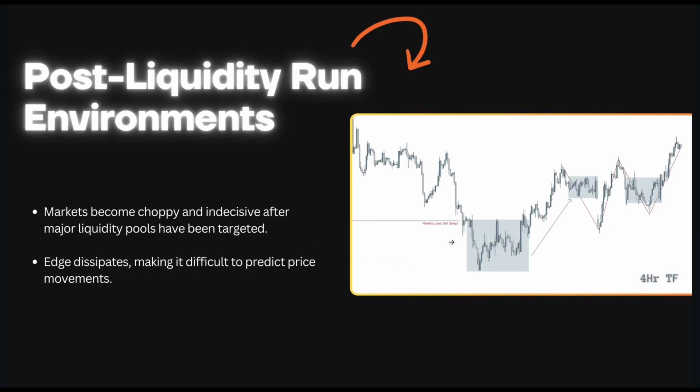For instance, here you can see that I have my weekly lows, right? What happens after it gets swept? As soon as the weekly lows get swept on the 4-hour time frame, price starts becoming choppy, right? And then it finally starts shooting up. But what happens again? Price can become a little bit more choppy again, goes down, doesn't really have any direction, right?